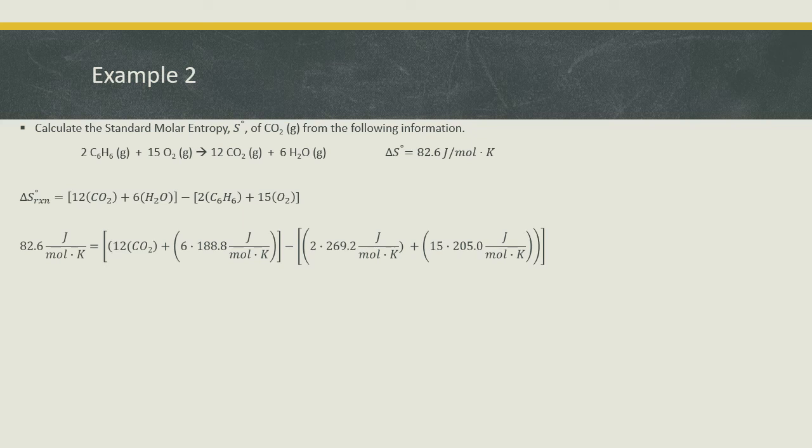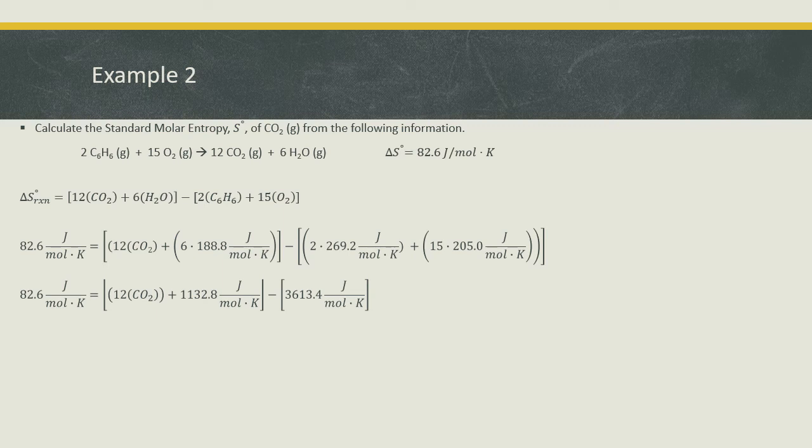So first thing we can do is simplify some of the multiplication and addition that we have. So the 6 times 188, we can multiply that out. And then in the other brackets, we can multiply and add and simplify things down. So make sure you're checking these in your calculator, that you're getting the same numbers, and you're able to do those calculations.